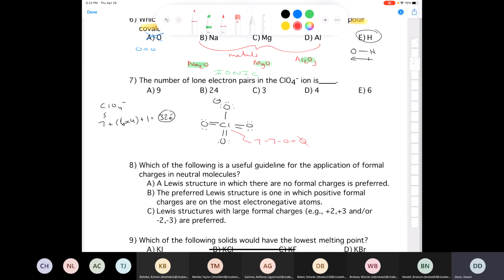Now we tally up the total number of lone electron pairs in this molecule.